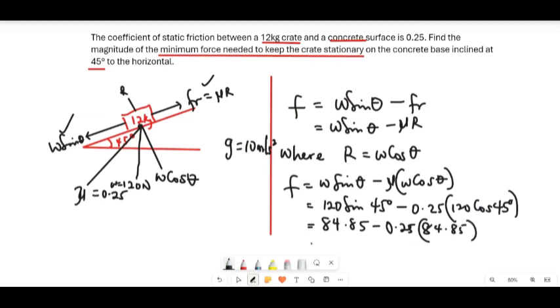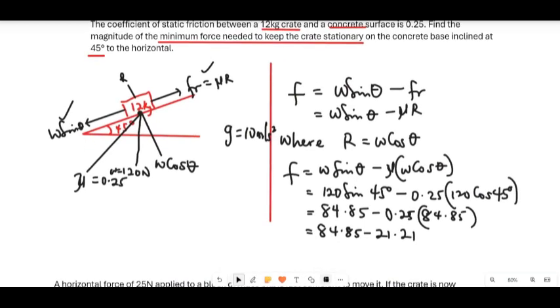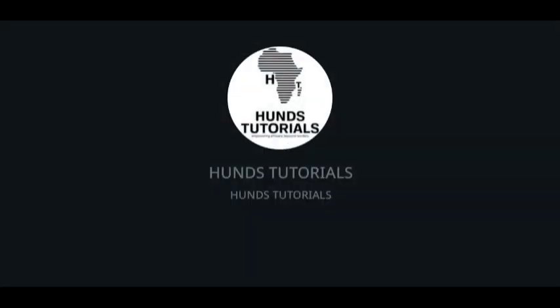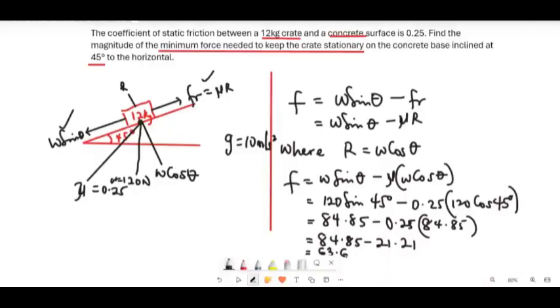That would give me 84.85 minus 21.21, which is going to give me 63.63, approximately 63.64 newtons.